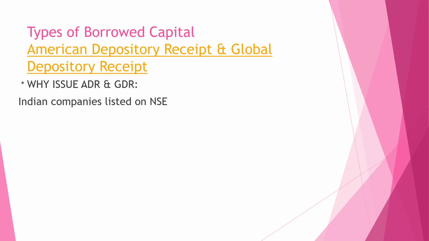Our Indian companies have their shares listed on stock exchanges in India like Bombay Stock Exchange or National Stock Exchange. Due to the lessening of rules and regulations and also globalization, the shares of many Indian companies are now listed on foreign stock exchanges also.